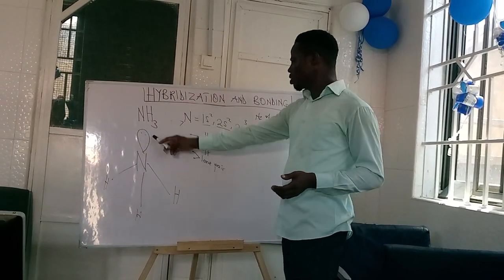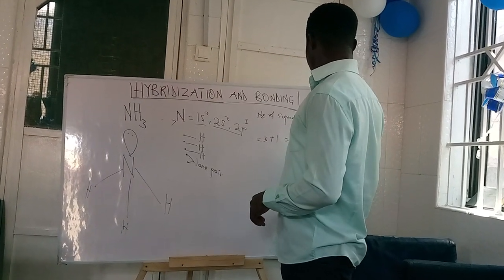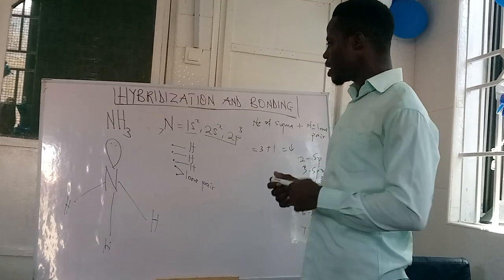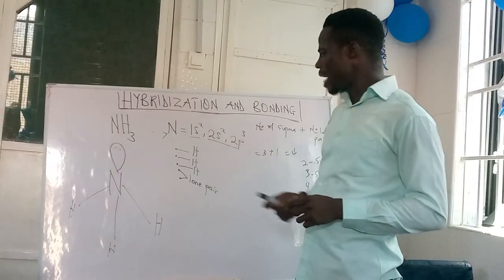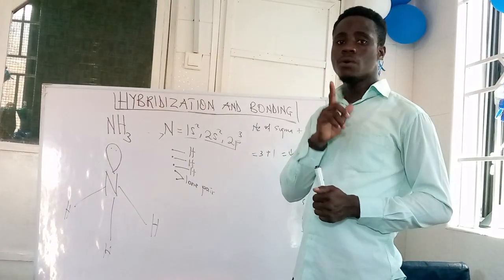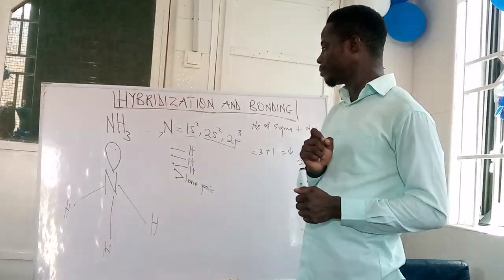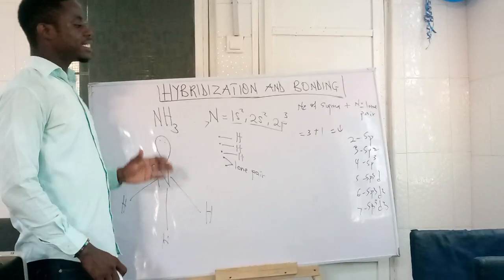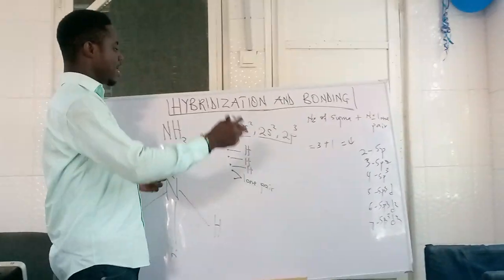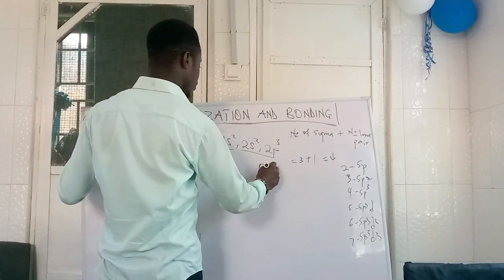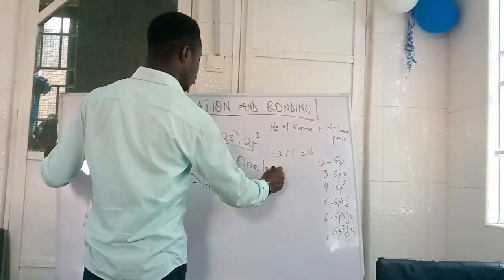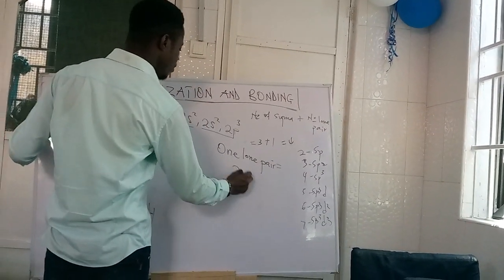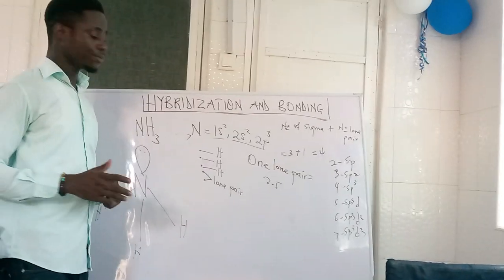Why is it that this ammonia is not going to have this type of shape? Although it is sp3 hybridization, the bond angle is not 109.5. Why? I stated in a previous video that anytime a molecule has a lone pair, one lone pair is equal to 2.5 in terms of value.